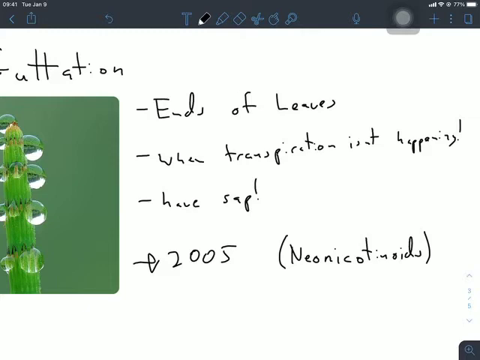But if these neonicotinoids are also being transported through these guttation droplets, that can be bad for some of the insects that drink those guttation droplets. You might see where I'm going with this. One of the insects that does not eat leaves but can derive some energy from drinking these guttation droplets are bees. And the use of neonicotinoids has been associated with colony collapse disorder.